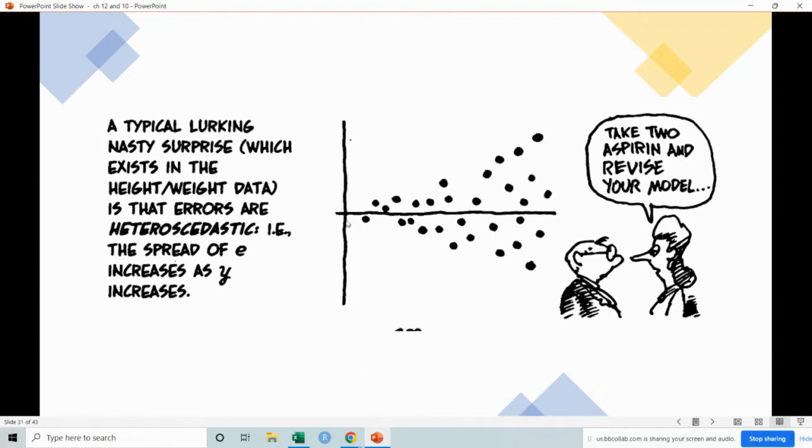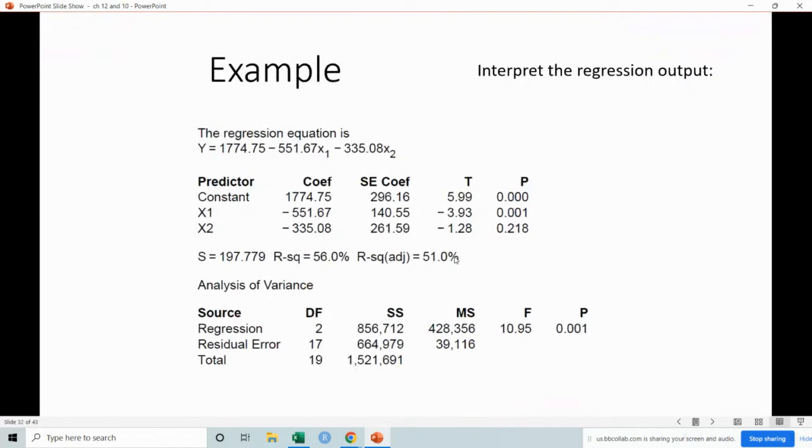You'll see this typical funnel-shaped pattern in the residuals for heteroscedastic data. This is actually more common in business type research or models than in any sort of science. So it's a problem, but not something you're going to overcome just yet.